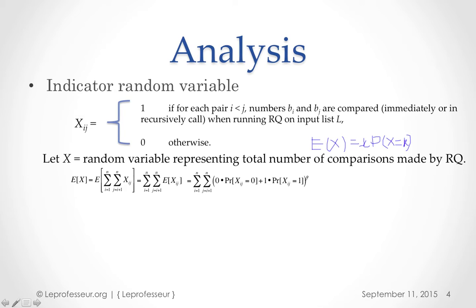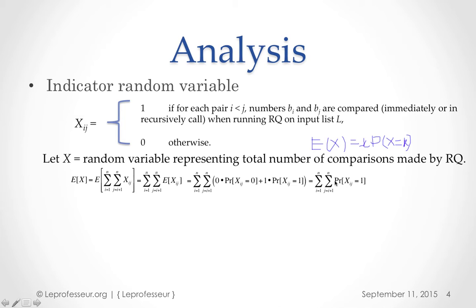Probability Xij equal to 1. And this random variable can take another value too, which is 0. So 0 multiplied by the probability of Xij when it is 0. This gives us only the probability when Xij equal to 1. So far so good, you are with me? It's a very simple equation.